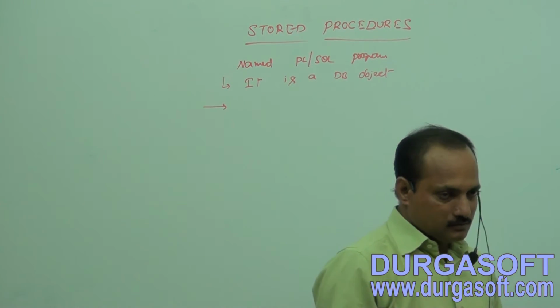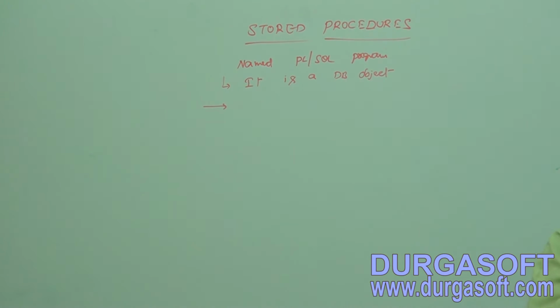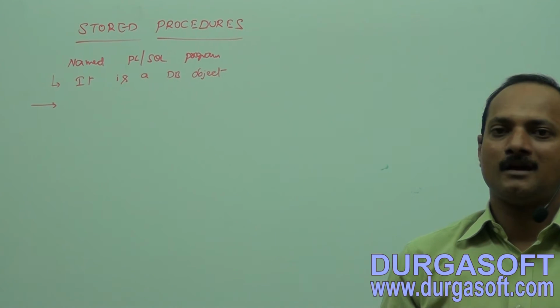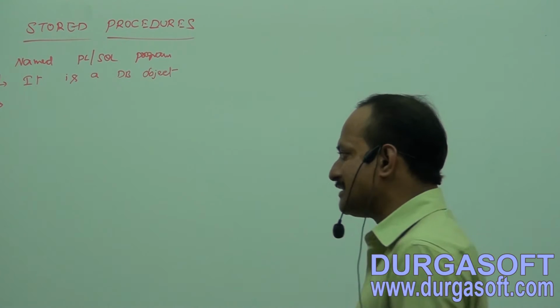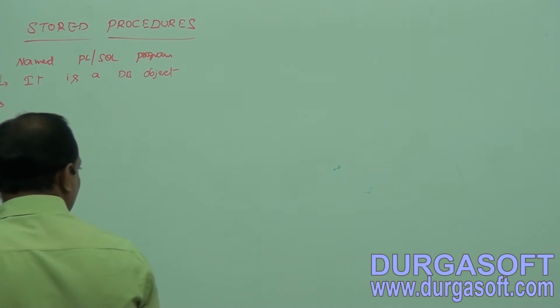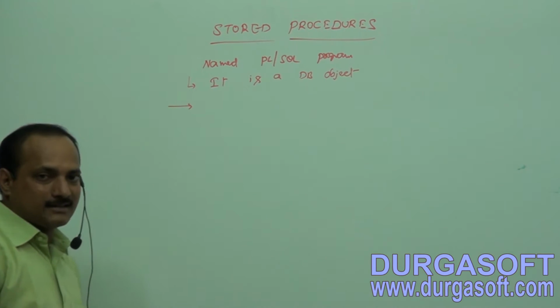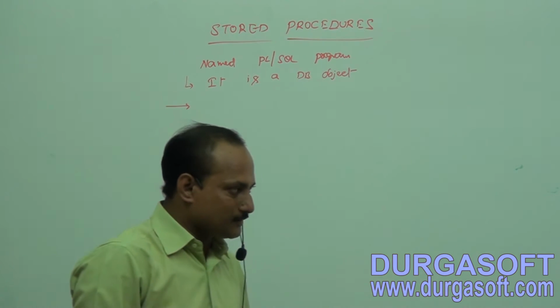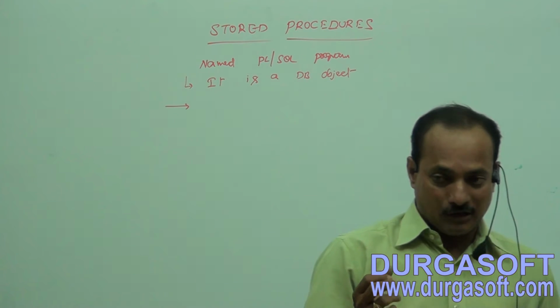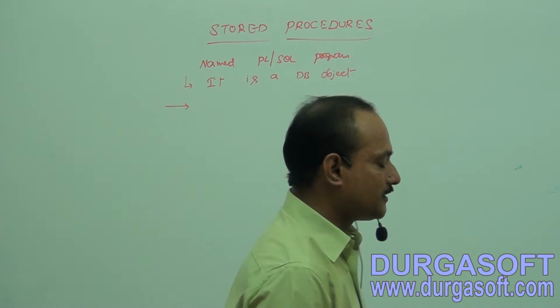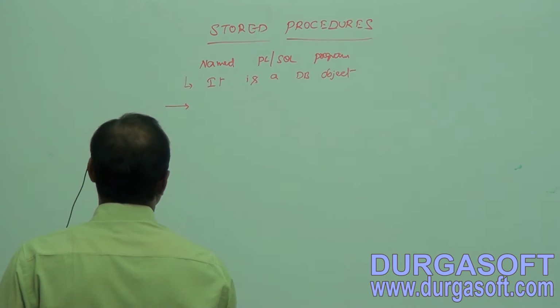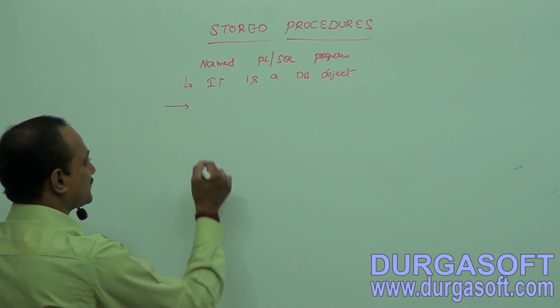If you write any program and you store that program inside the database, that program becomes a stored procedure. Anything stored inside the database permanently is known as a database object. Similarly, a stored procedure is also one of the database objects.